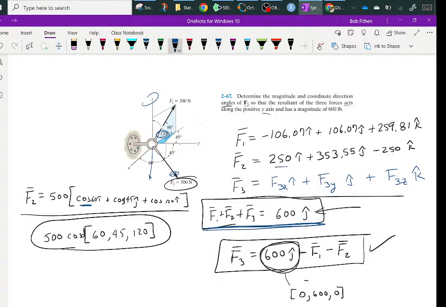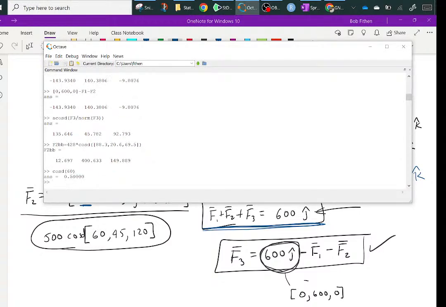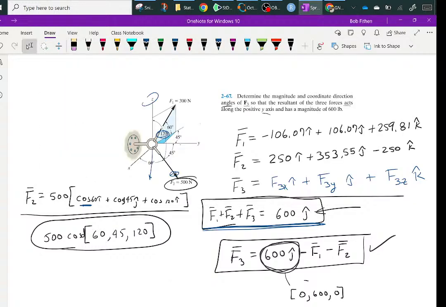Wait a minute. Whoa, whoa, whoa. I don't think cosine of 60 is, oh, no. I have to eat my words there because cosine of 60 is half. So yeah, it is okay. So this is half of that.